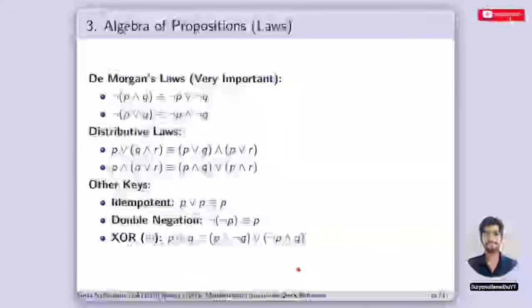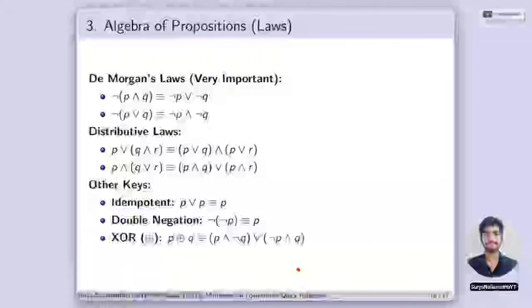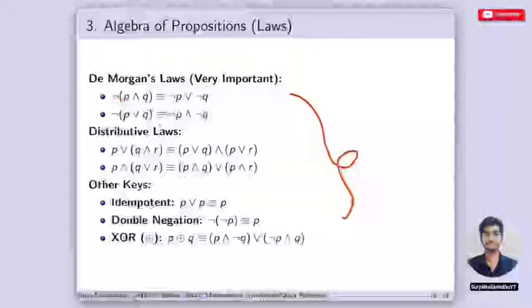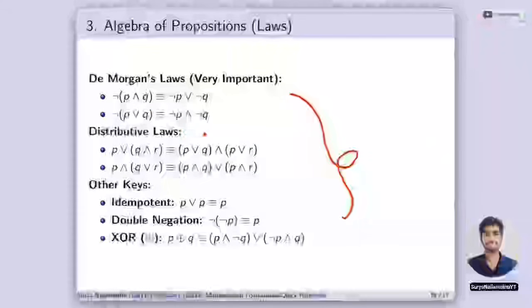And next one is De Morgan's law. It is a very important law in the algebra of propositions. For De Morgan's laws, these are very important formulas. Negation of P and Q is equal to negation P or negation Q. And negation of P or Q is equal to negation P and negation Q. For the distributive laws, P or (Q and R) is equal to (P or Q) and (P or R), and this way we distribute the values by applying this law.